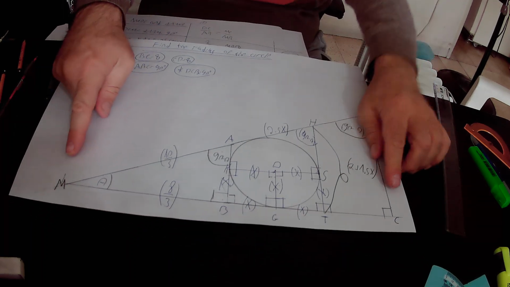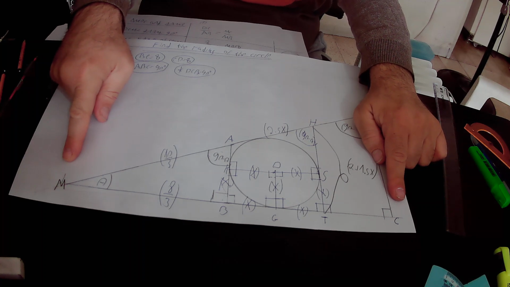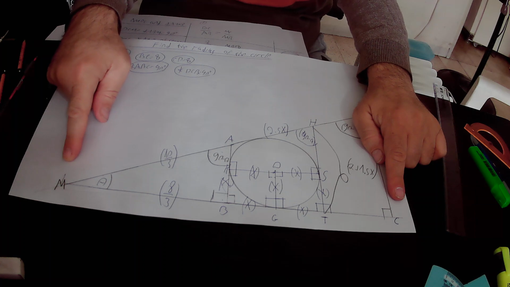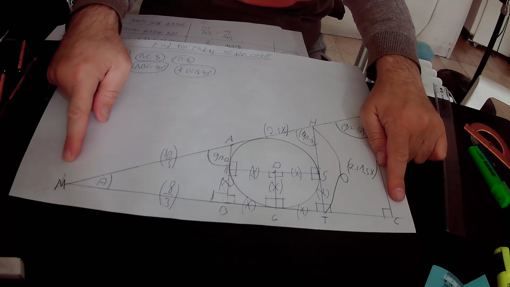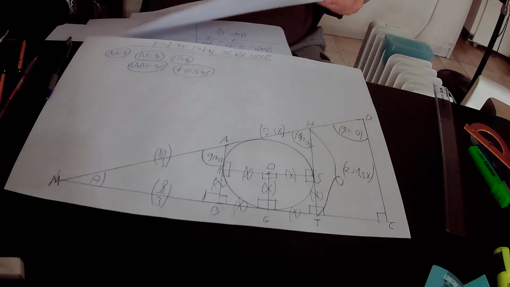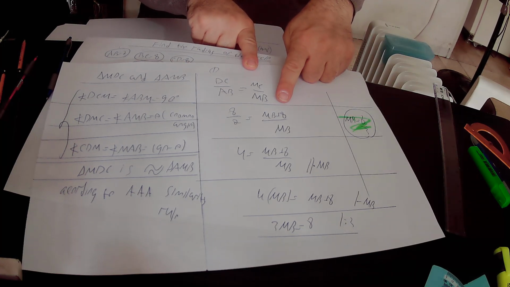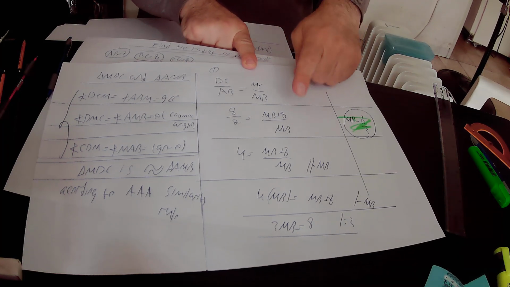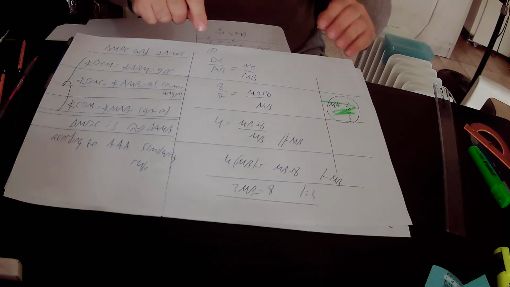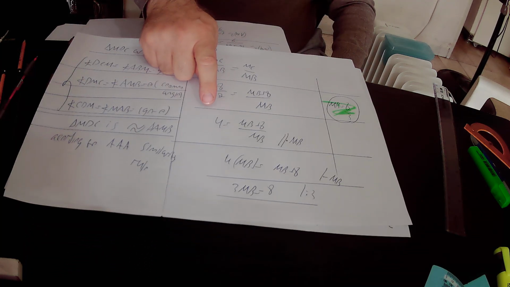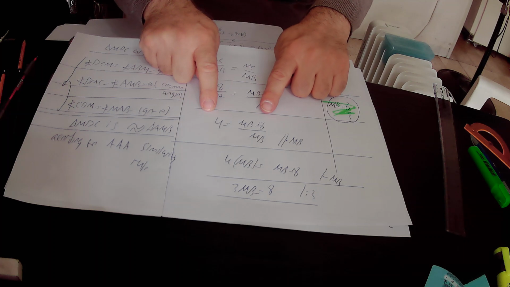MC in total equals MB plus BC, and BC is 8. So MC equals MB plus 8. MC over MB is MB plus 8 over MB. 8 over 2 is 4, so 4 equals MB plus 8 over MB.